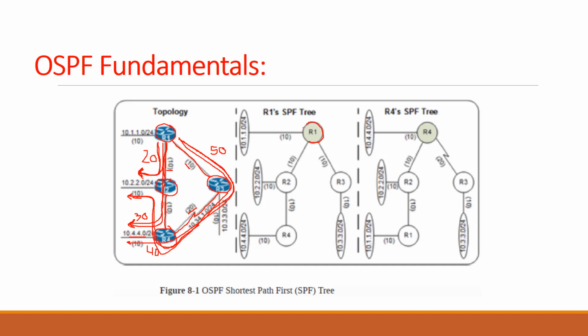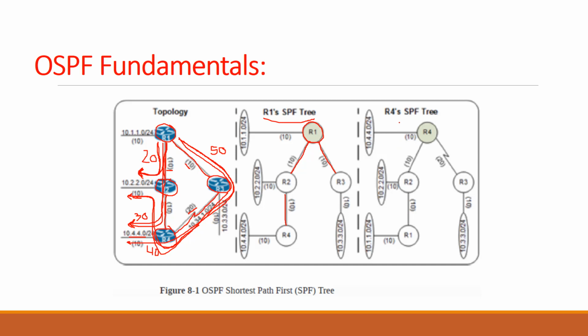From R1's perspective, the topology looks like this: R1 connected to R2, R2 connected to R4, but the link between R3 and R4 is not considered because it has a high metric. So the loop-free topology and the shortest paths look like this. The shortest path first tree from R1's perspective looks like this.